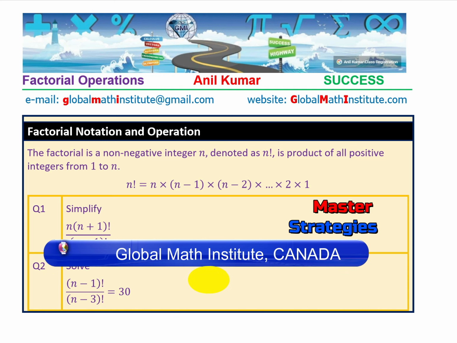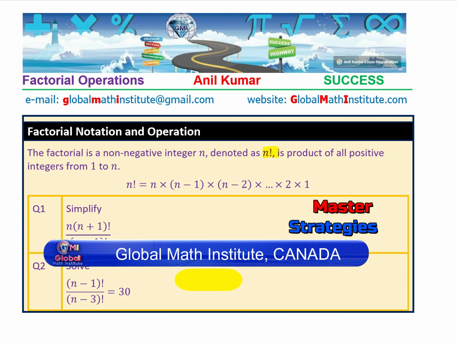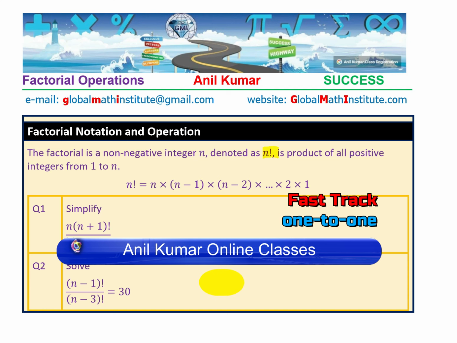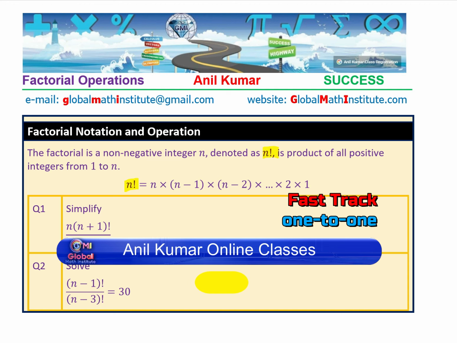The factorial of a non-negative integer n, denoted as n factorial, is the product of all positive integers from 1 to n. We could also write this as n factorial equals n times n minus 1 times n minus 2 till times 2 times 1.